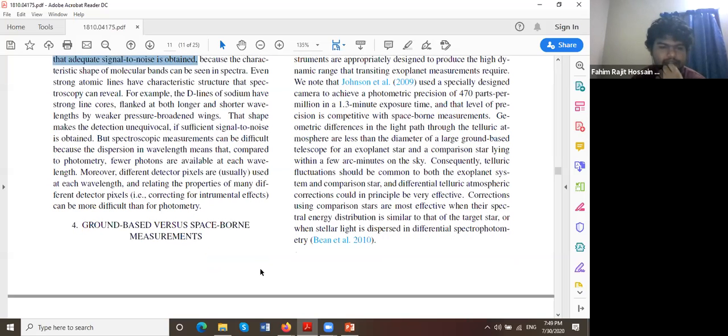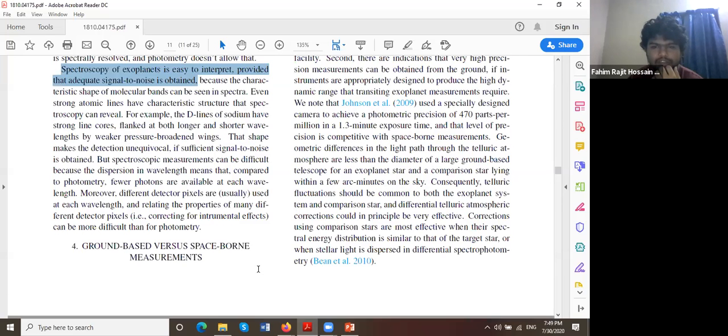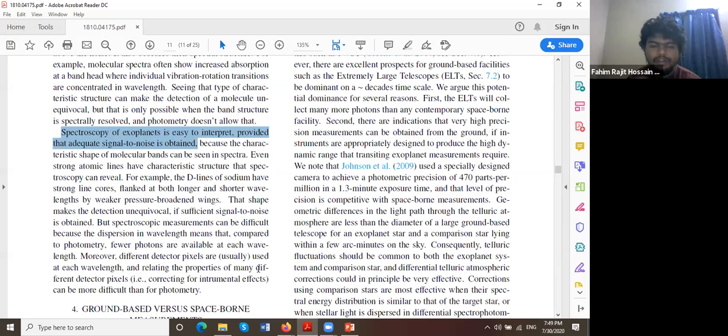The next thing is which telescope is preferable. Of course, because we are looking at exoplanets and their atmospheres, it is easy to say we will prefer space-based telescopes like Hubble, Spitzer, and others. But this paper mentions that nowadays we have large telescopes and spectrographs that can measure high resolution data from the ground.